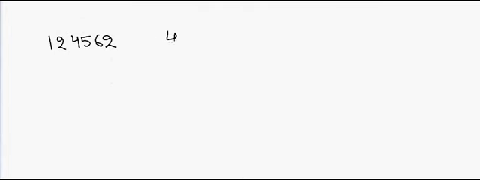In that case I have to look at the last two digits and check whether they are evenly divisible by 4. If we try to divide 62 by 4, I get 15, and then 2 is left. So that is not evenly divisible by 4, and this number cannot be evenly divided by 4.